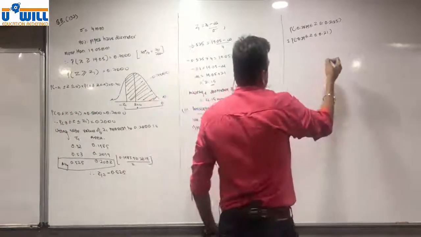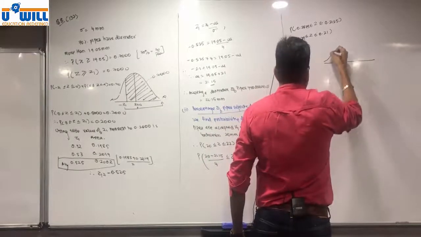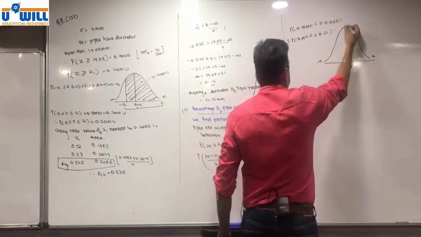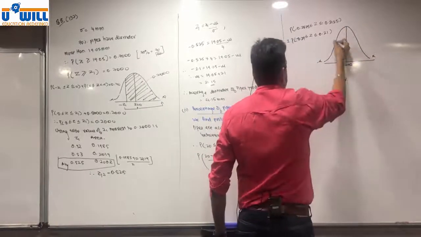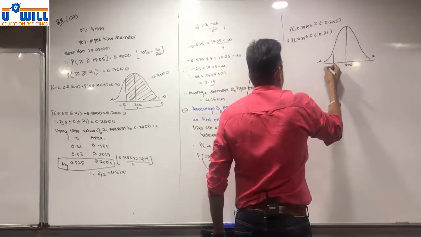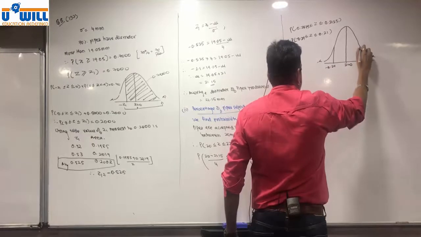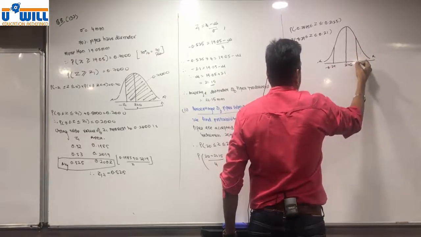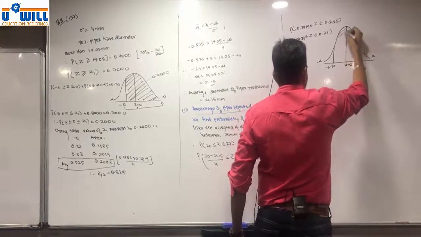Now we draw the graph. Very important. Don't forget this. From minus infinity to infinity, Z is equal to 0, minus 0.29 and plus 0.21. Complete area shaded.